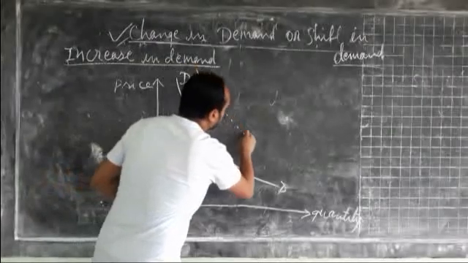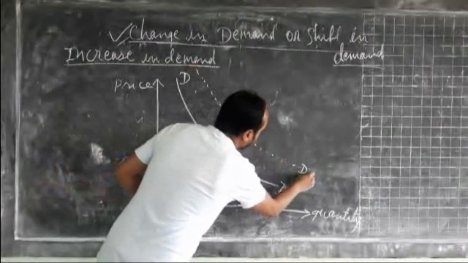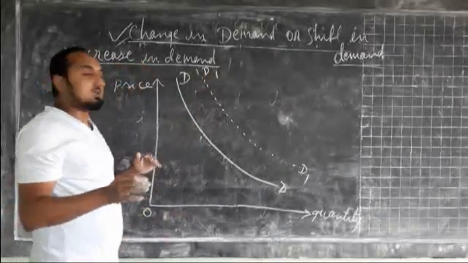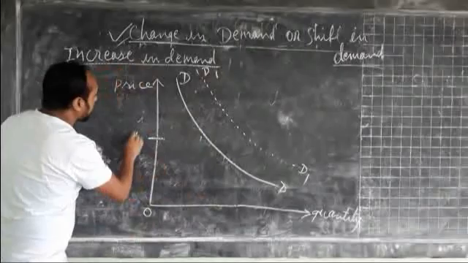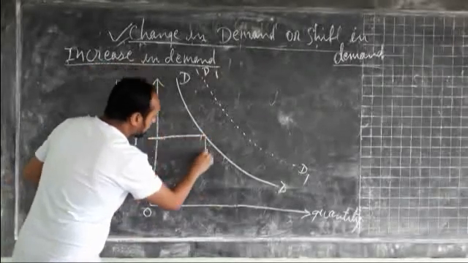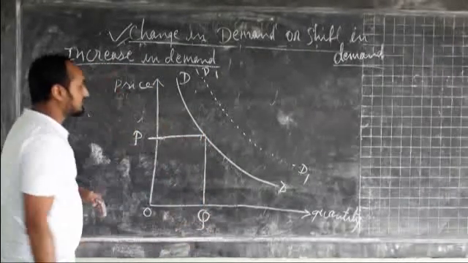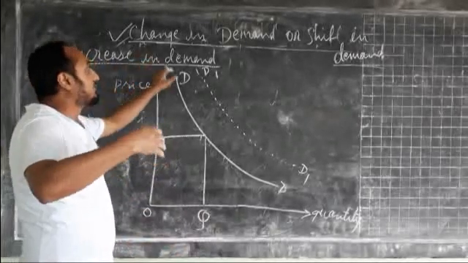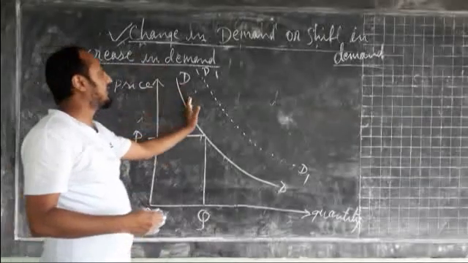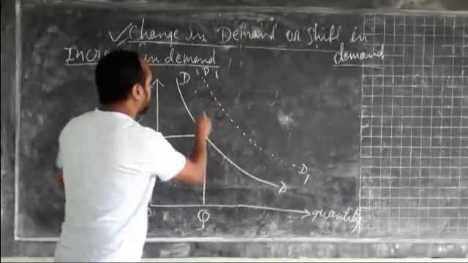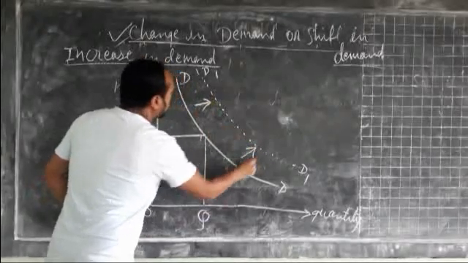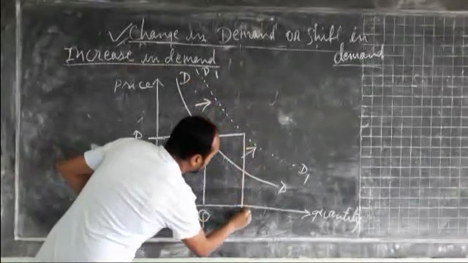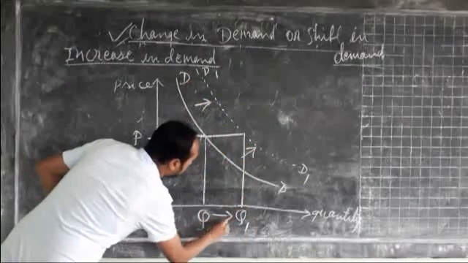So this dotted line represents the shift in demand curve from D2 to D1. So if we consider this initial price P, at price P, suppose say initial quantity demand is Q. So in the case of this increase in demand, we have already mentioned that due to the increase in income, the quantity demand is increasing and it is shifting rightward. So at the same price we can see that the quantity demand will increase from OQ to OQ1.